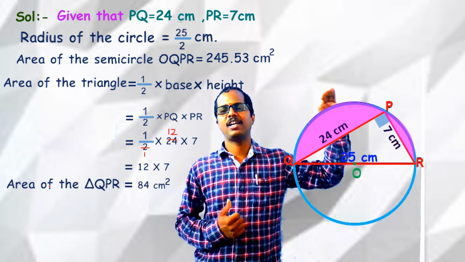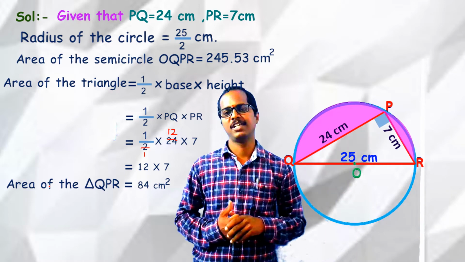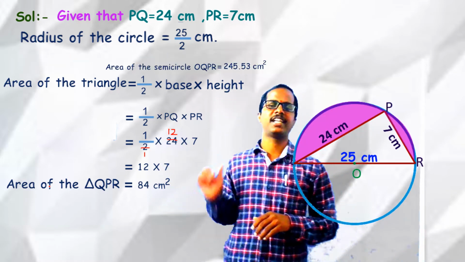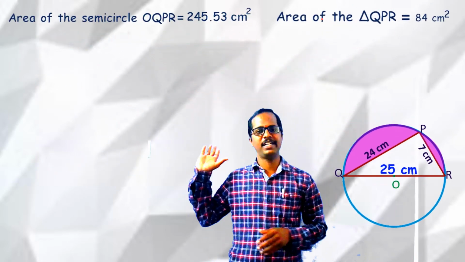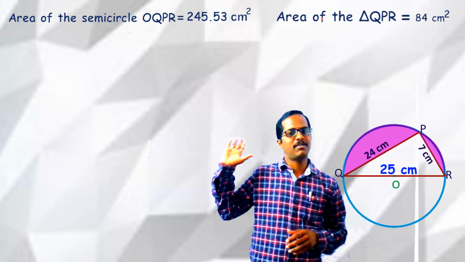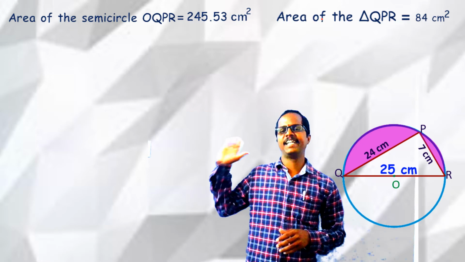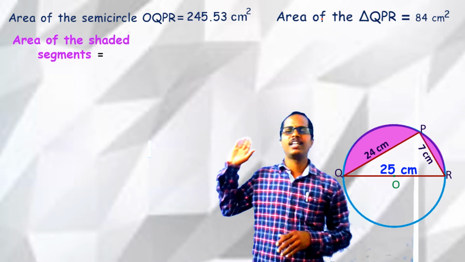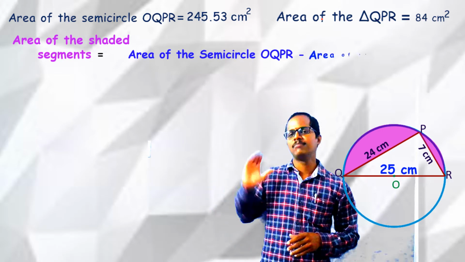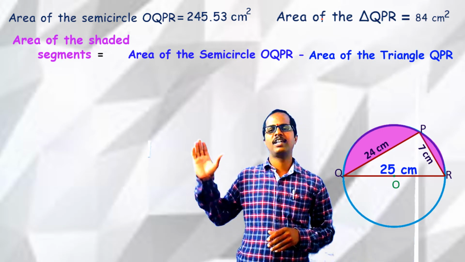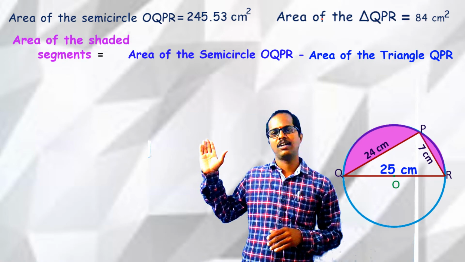Now to get the area of the shaded segments, we need to subtract the area of this triangle from the area of the semicircle OQPR. So let us write: area of the shaded segments equals area of the semicircle OQPR minus area of the triangle PQR. And the area of the semicircle, how much do we get?